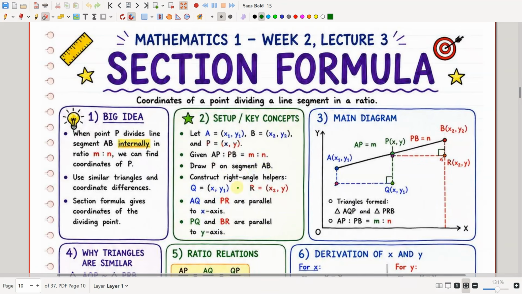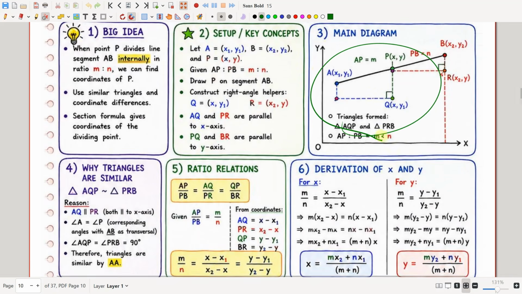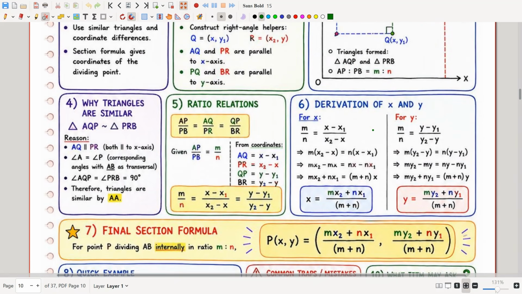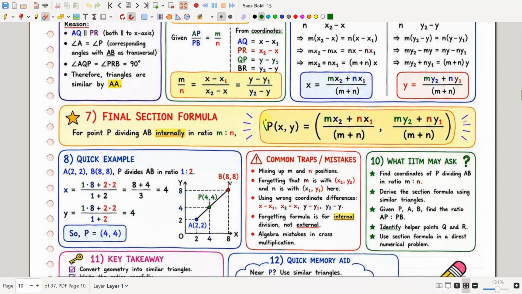Okay. So, you can skip the diagram if it is very confusing for you. Let's see the formula alone. The final section formula is P of (x, y) is equal to ((mx2 plus nx1) divided by (m plus n), (my2 plus ny1) divided by (m plus n)).